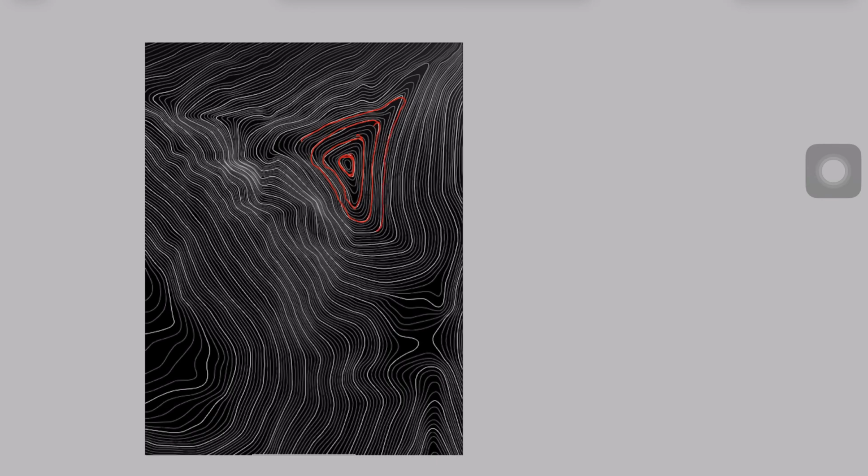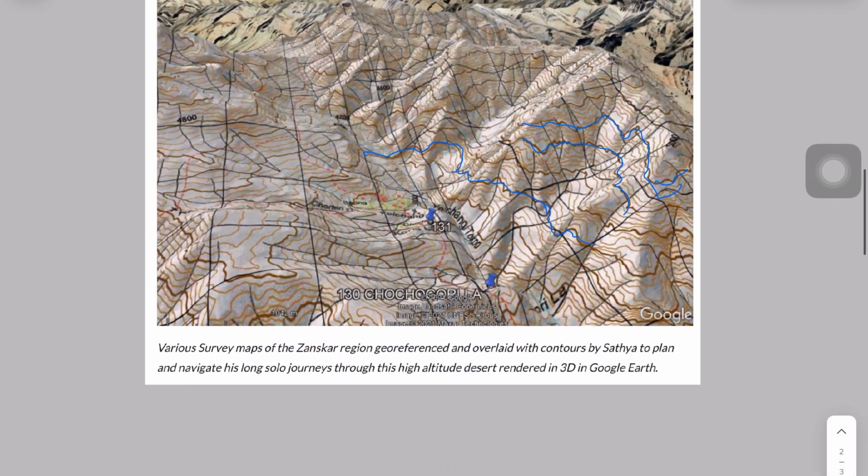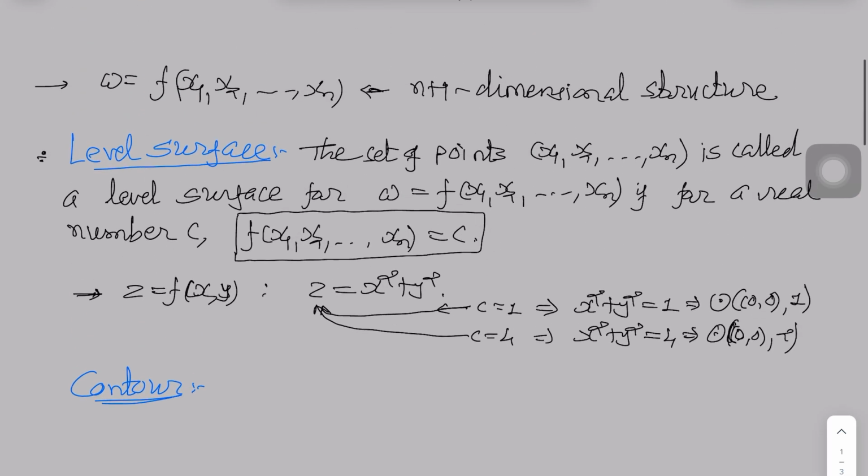Now, when we are going with the bigger contour, actually we are going to the base, and the innermost represents the peak of the Everest. So this contour is the peak of the Everest, and this may be near the base, right? So this is how we can plot the three-dimensional structure with the representation of level surface and contour.